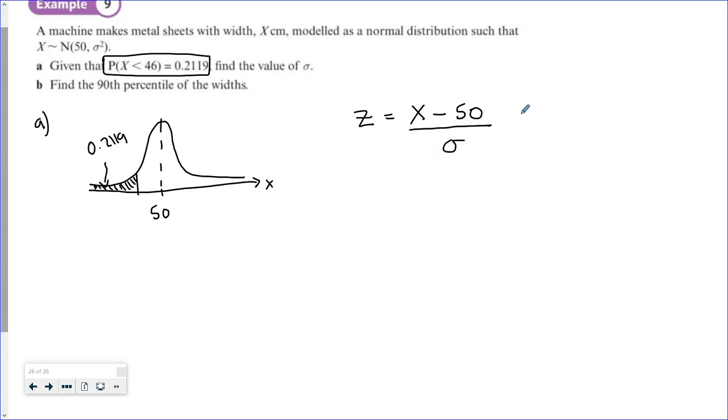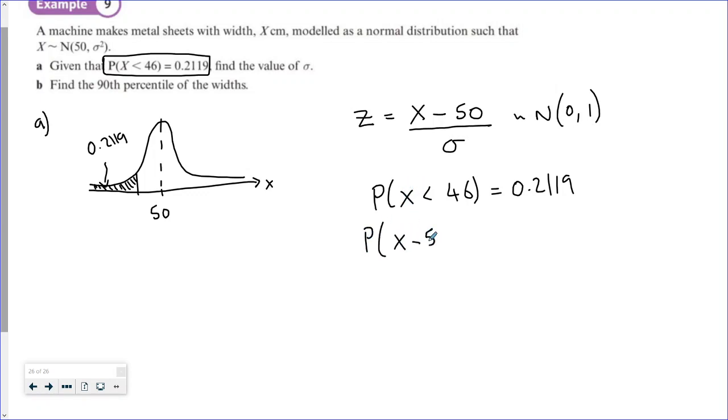And we know that this follows a normal distribution with mean 0 and standard deviation 1, because it's our standardized normal variable. So let's take this probability statement: the probability of x being less than 46 is 0.2119, and let's turn this into a statement involving z. We're going to try and get z on the left hand side. So let's take away 50 from both sides of the inequality and divide both sides by sigma, our standard deviation, which we don't know.